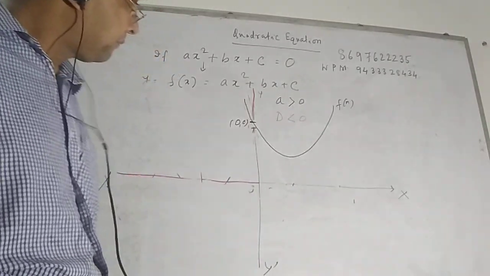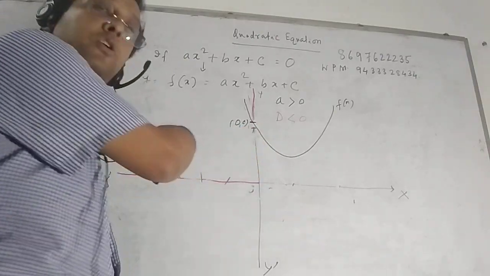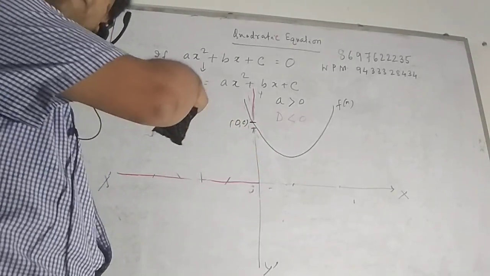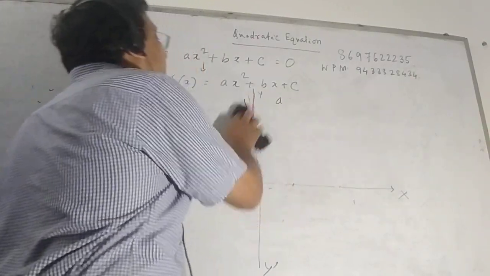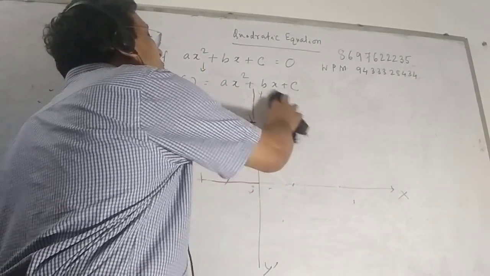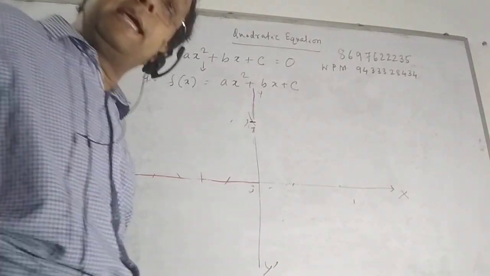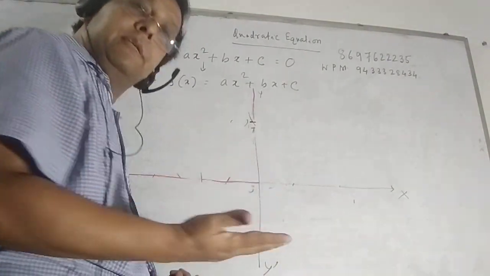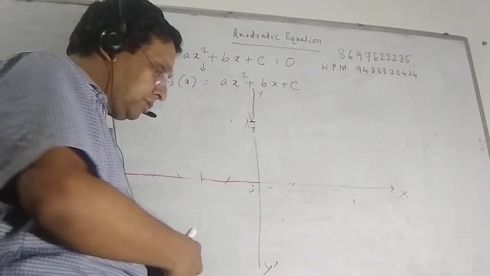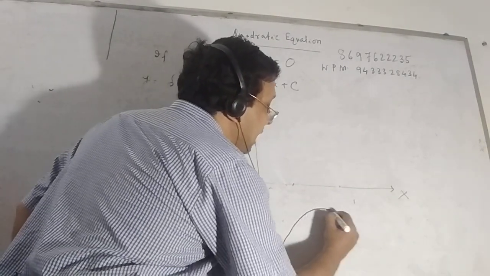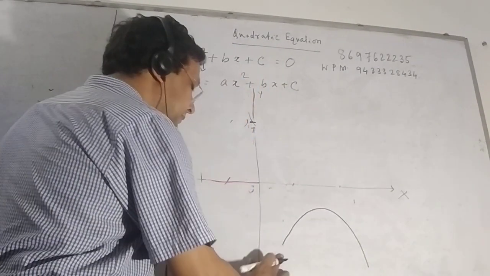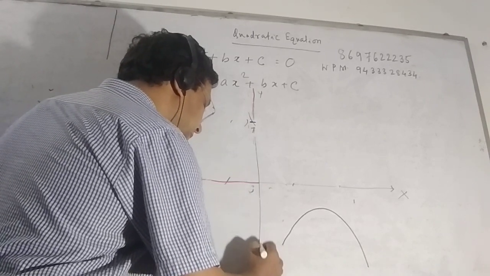I hope you understood. The same thing I can draw here also. Now what happens if a is negative and again it has imaginary roots? We can draw a diagram like this.